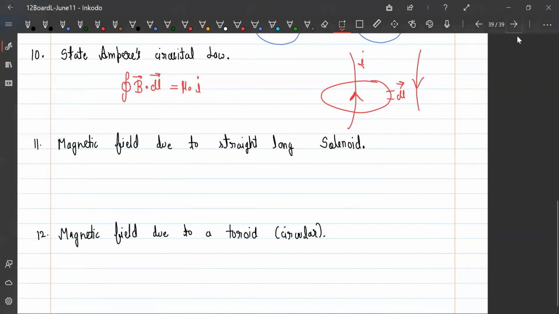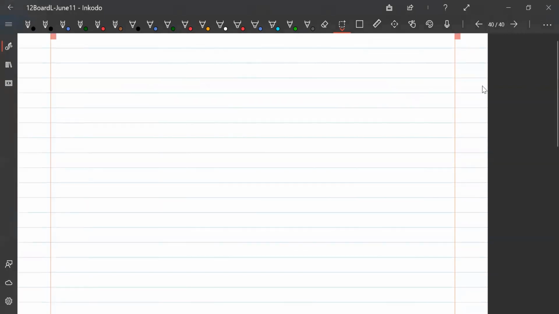Nupur's diagram is like a flowing river, and Rishit has made just 3 lines. To make a proper solenoid, you don't need to draw it very dense, but you have to show that it's a solenoid.